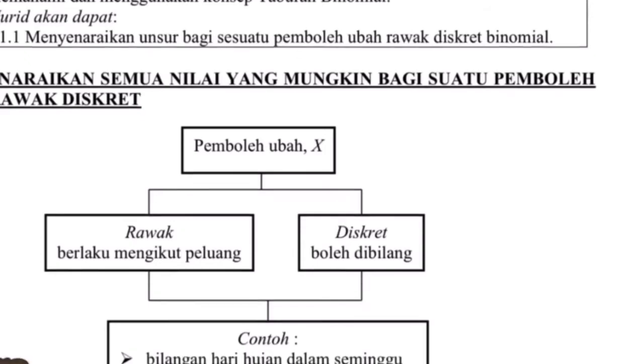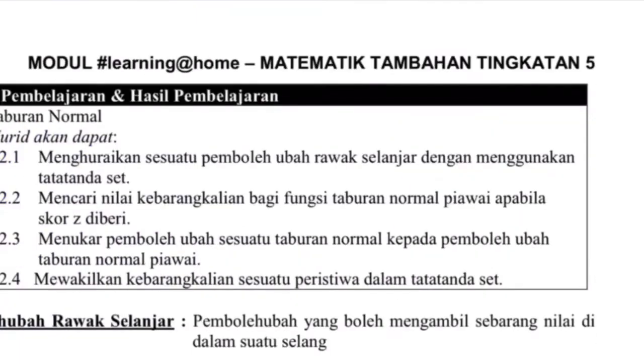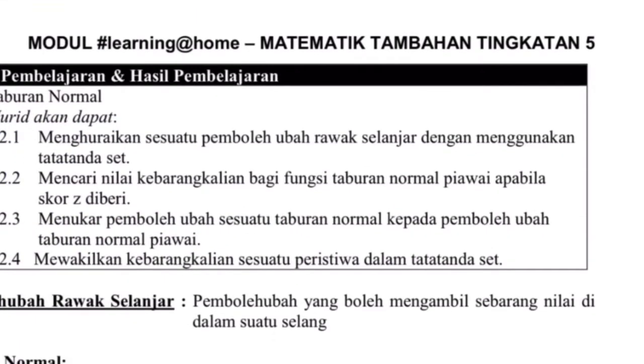For normal distribution, we will learn how to describe the continuous random variable using the set notation. We also must know how to find the probability for the normal distribution when the z-score is given. And you must also know how to convert x to z.